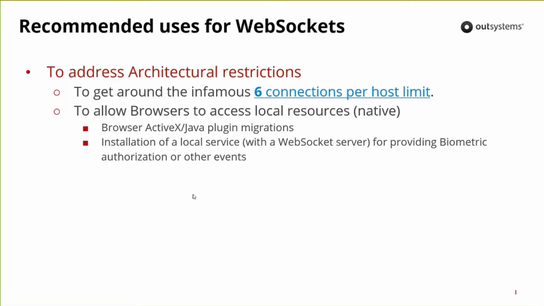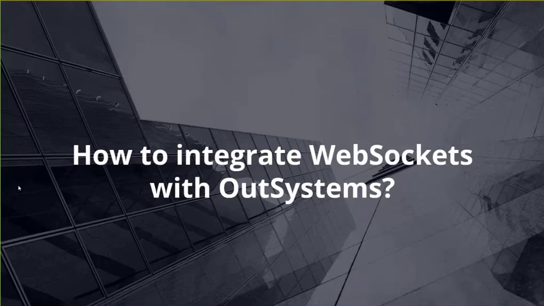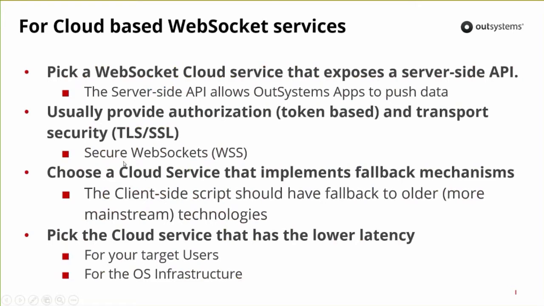So how can we integrate WebSockets with OutSystems? This depends whether it's an integration with a WebSocket cloud service or an on-premises installation of a WebSocket server farm. For a cloud-based WebSocket service, usually the provider exposes a public server-side API besides the JavaScript client-side framework.